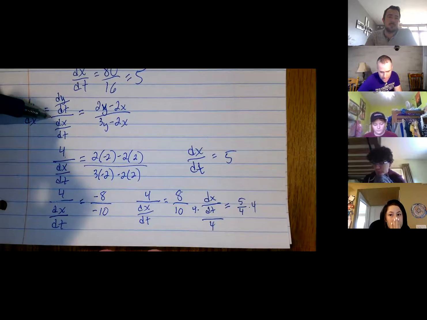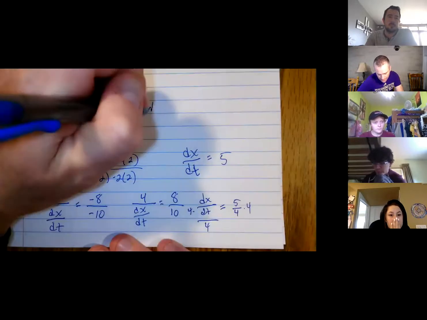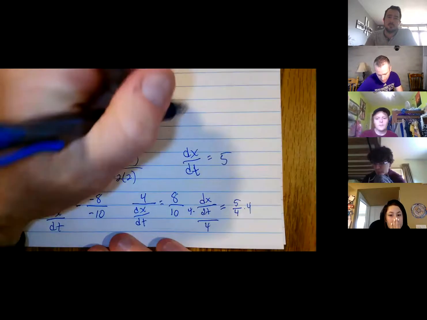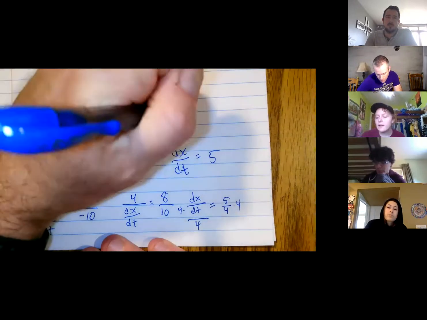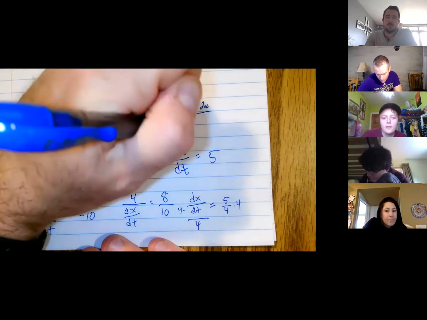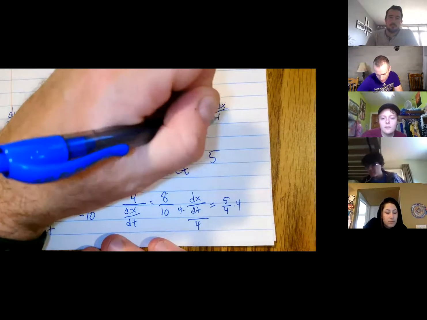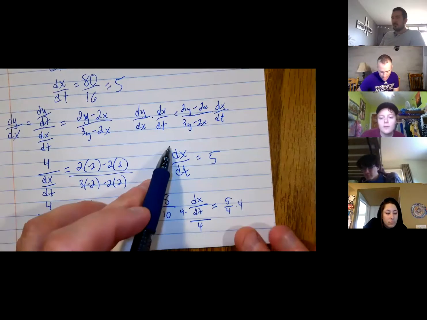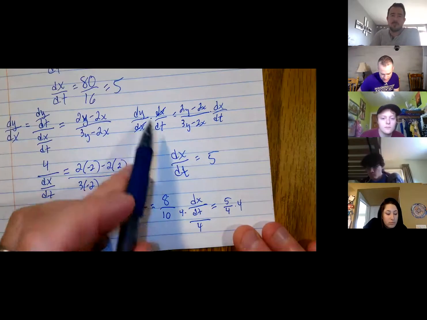So the way that they have it is by taking dy dx and multiplying by dx dt. Yeah, I saw that. 2y minus 2x over 3y minus 2x multiplied by dx dt. Both sides are multiplied by dx dt. And so that means that the dx's over here are going to reduce, leaving me with dy dt.